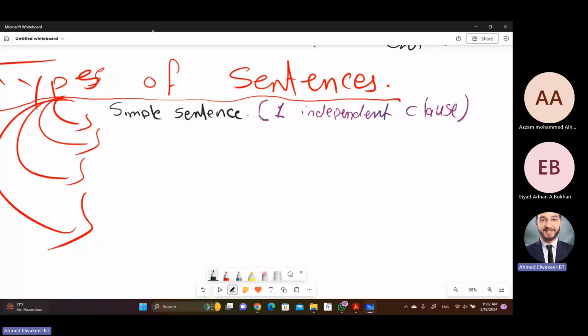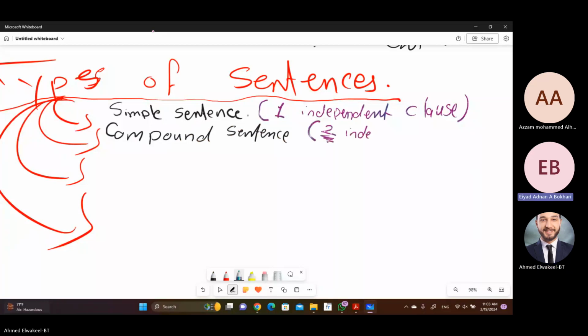The second type is called a compound sentence. What is a compound sentence? Two independent clauses.